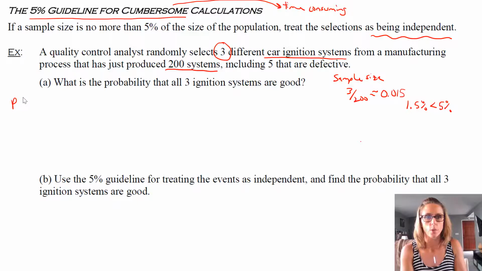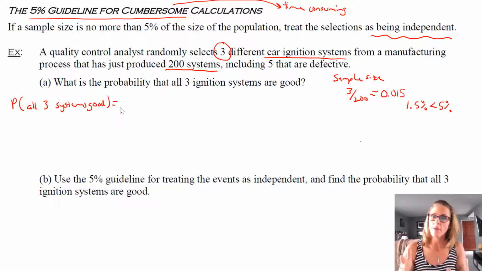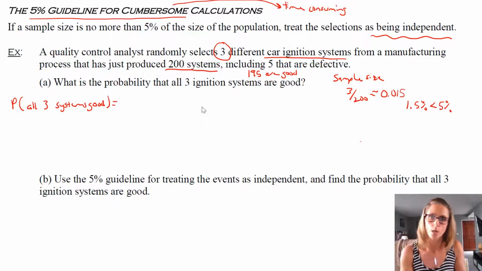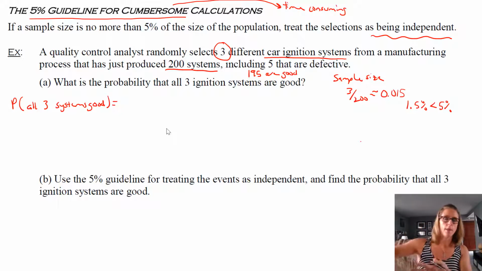And so we want the probability that all 3 systems are good. We realize that 5 of the systems are defective, so that means 195 are good. So we want to take a system out. These are randomly selected at the factory.